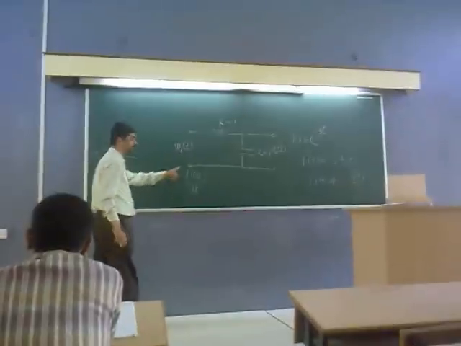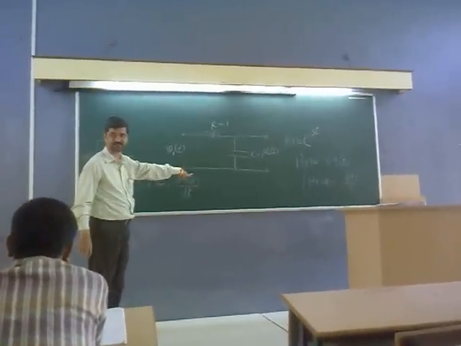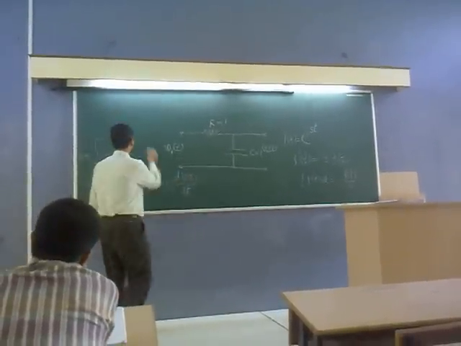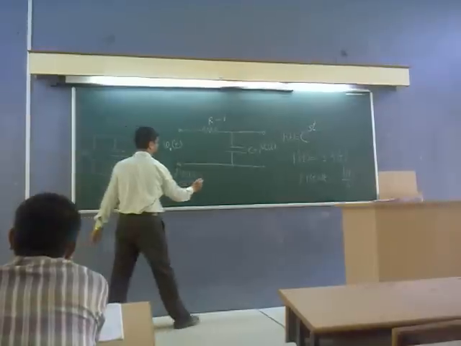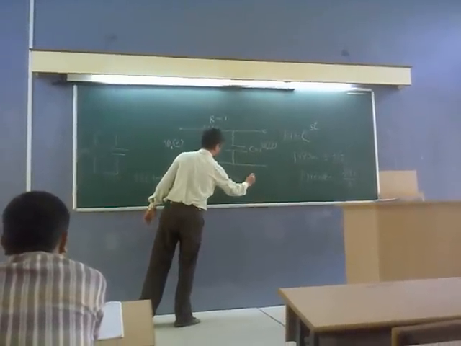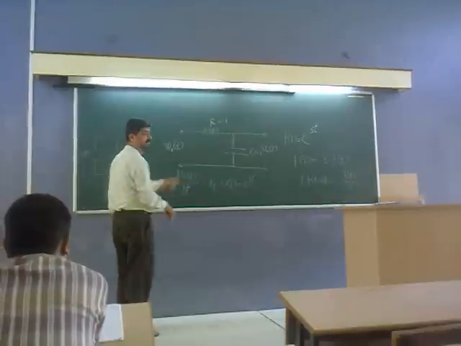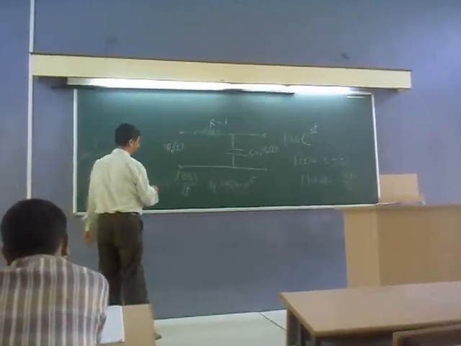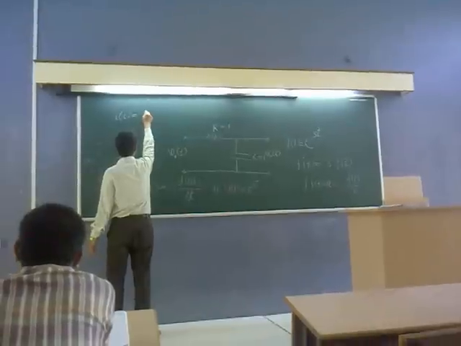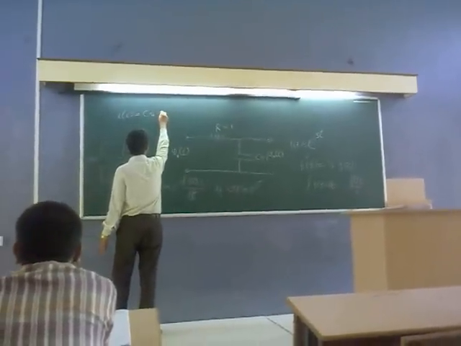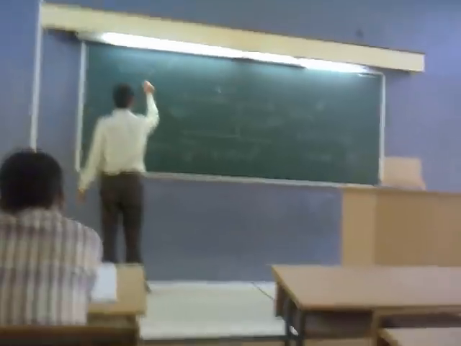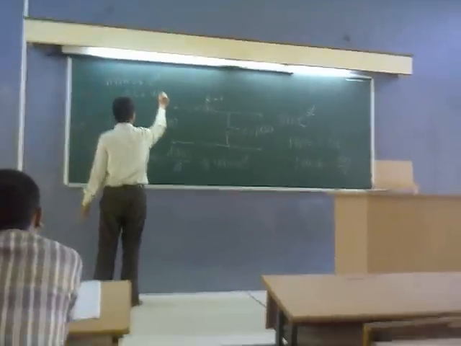Now if my V(t) is e raised to st, then dV by dt becomes s e raised to st. So I get I(t) as Cs into e raised to st, which is equal to Cs into V(t) itself.